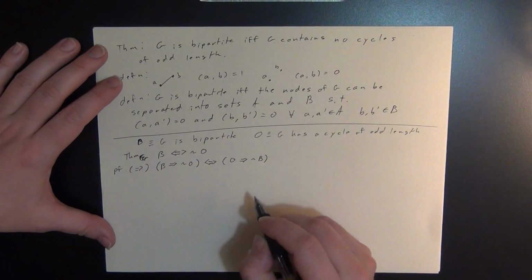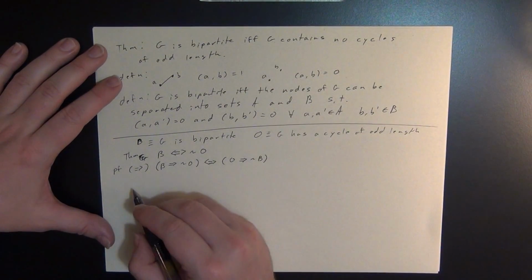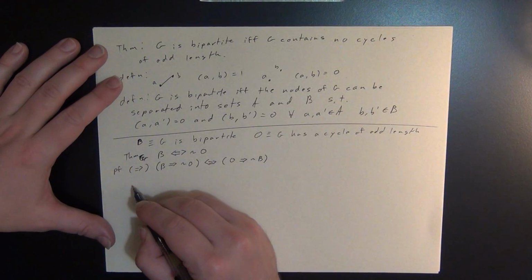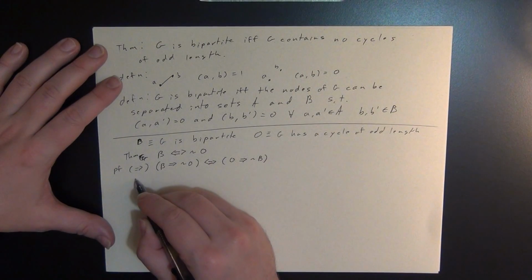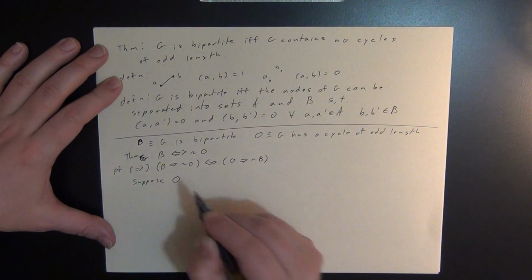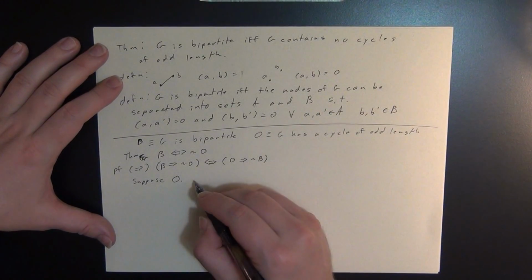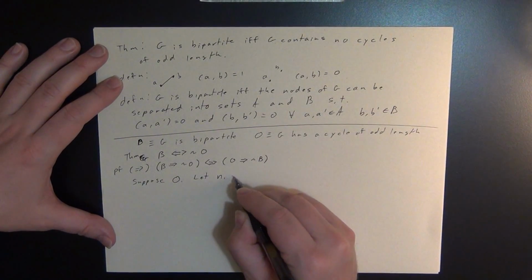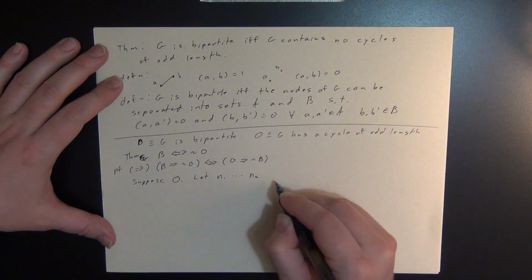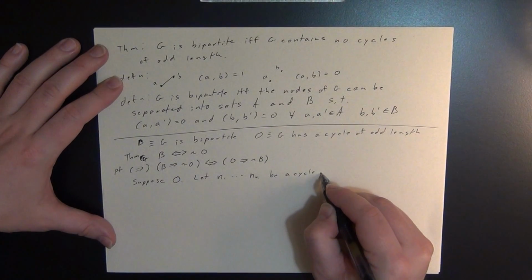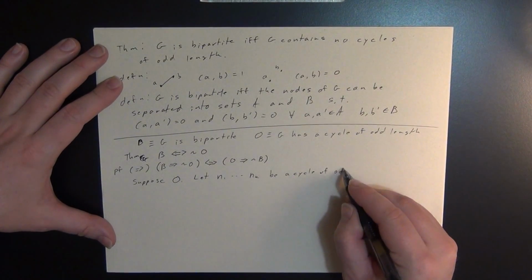So we assume O. So we assume that G has a cycle of odd length. So suppose O. Let n1 through nk be a cycle of odd length.